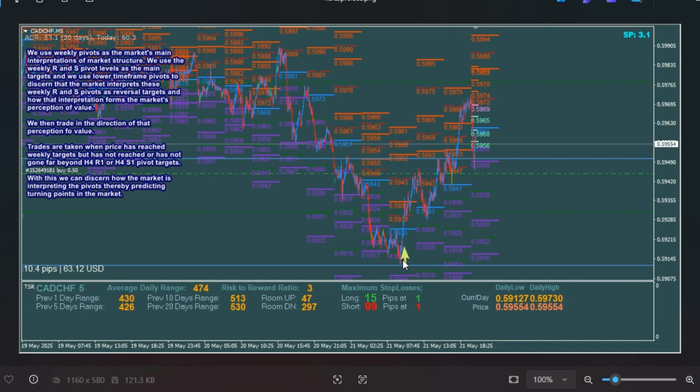So we're taking advantage of that discernment, and we're trading in the direction of value. That is the main objective of each and every Three Keys trade. And it would be the opposite for shorts.